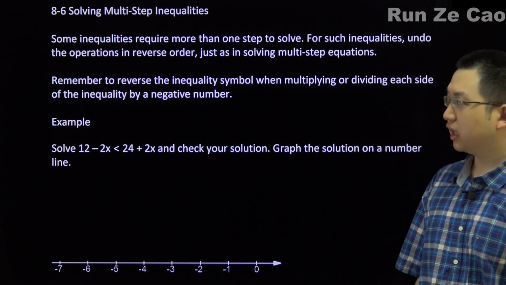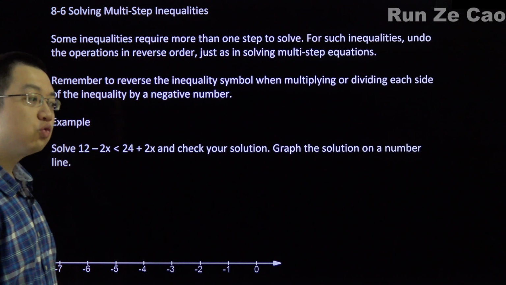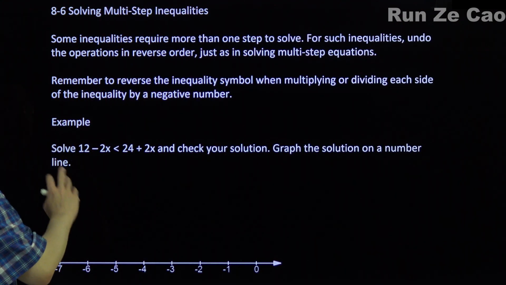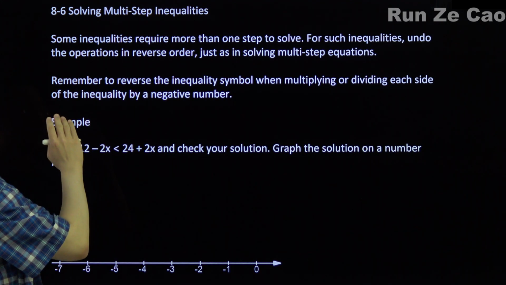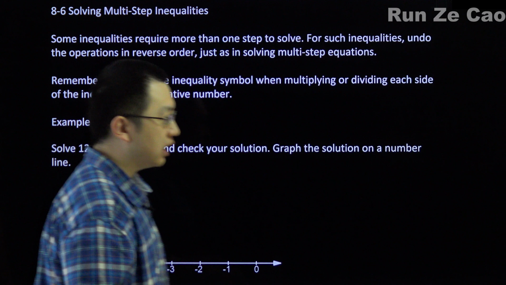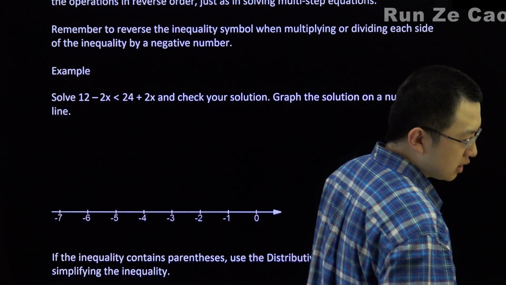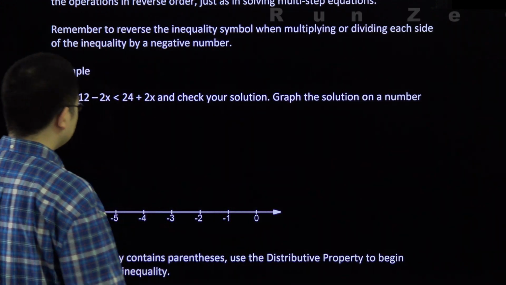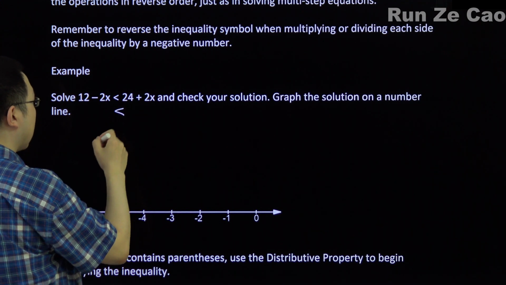If your inequality needs multiple steps to solve, you can do it just like you would a multi-step equation. You do the operations in reverse order, or undo them, and remember to reverse the inequality symbol when you're multiplying or dividing each side by a negative number. So, what happens if we add 2x here to both sides?